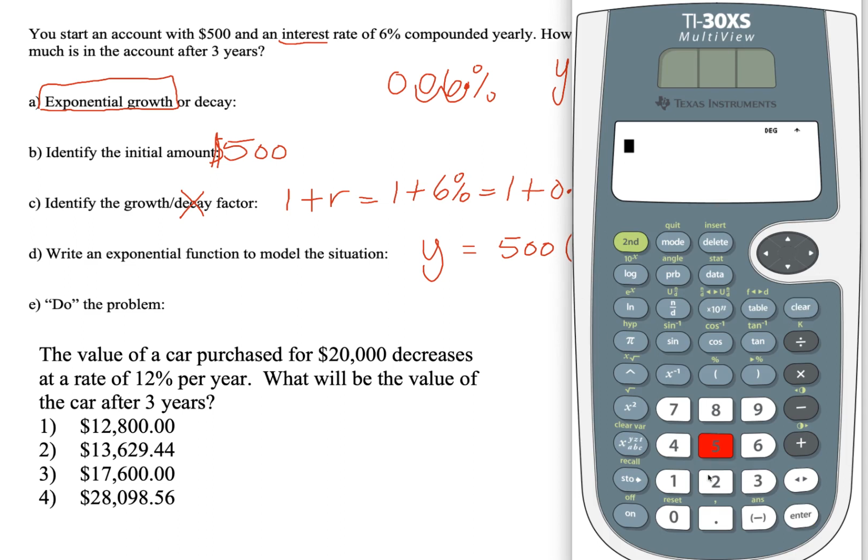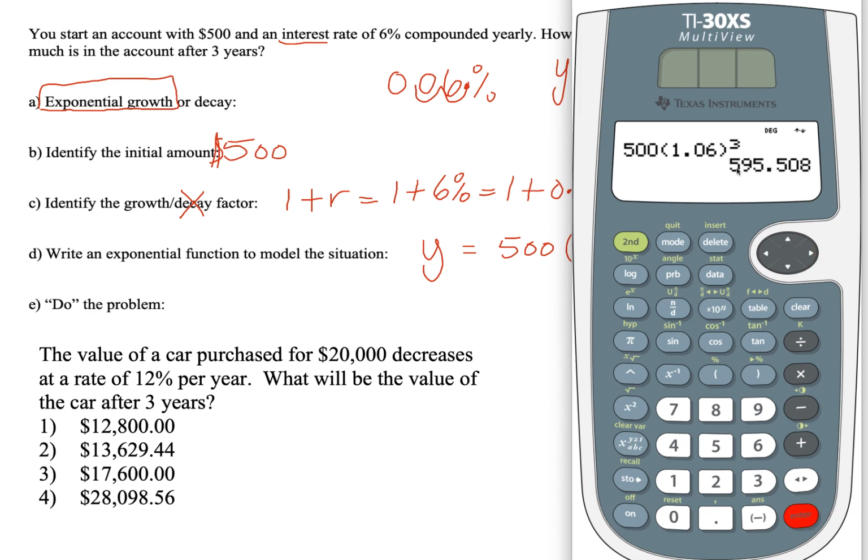So we would enter 500, open parentheses, 1.06, close parentheses. Let's use the, I'm going to call it the arrowhead. I always forget the correct term for it. My students call it the arrowhead. And 3, which is our exponent, go to the right and we hit enter.